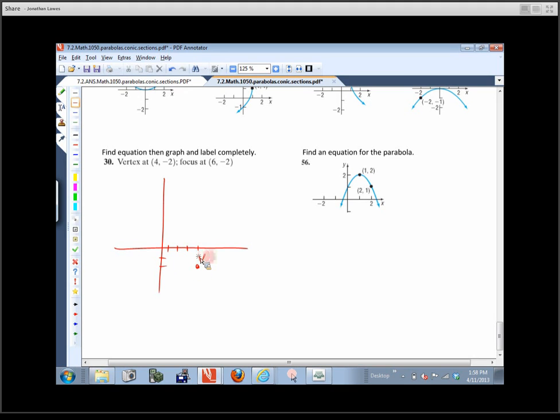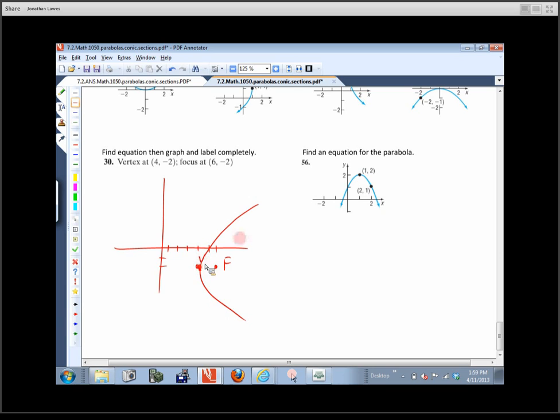That's where the vertex is. And then the focus is at 6, negative 2. The vertex is on the parabola. The focus is always inside the curved part of the conic section. Which way? Oh, got to open to the right, okay? So it looks like that.